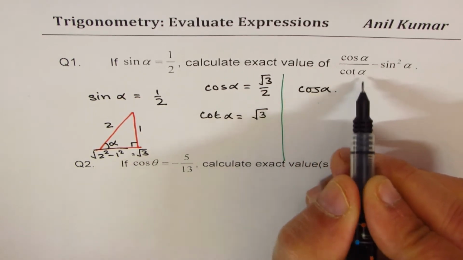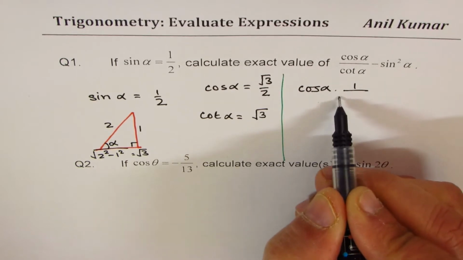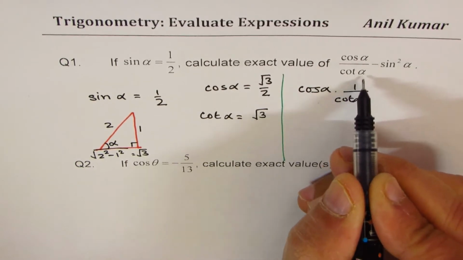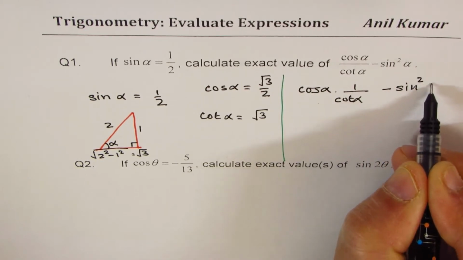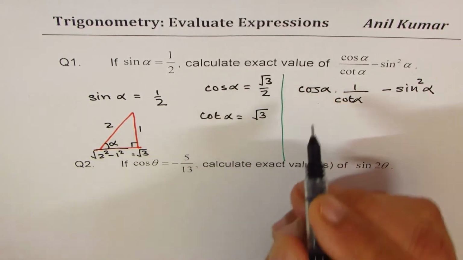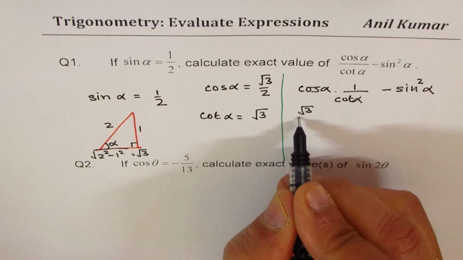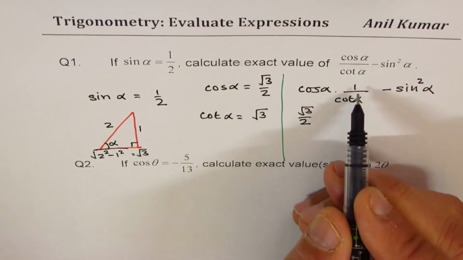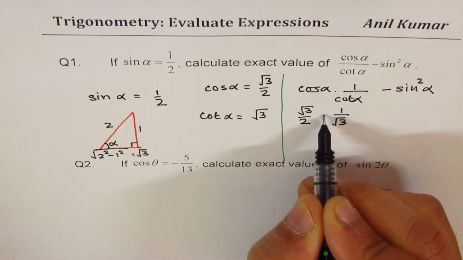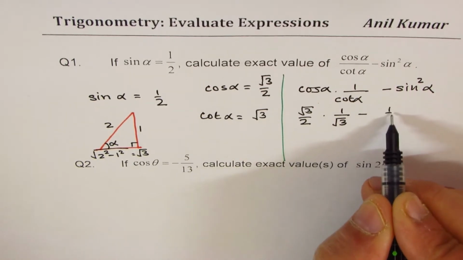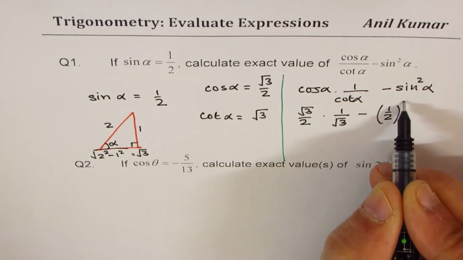Let me write cot alpha in the denominator as 1 over cot alpha, minus sine square alpha. So cos alpha is square root 3 over 2. Cot alpha is 1 over square root 3 in the denominator. Minus half whole square.